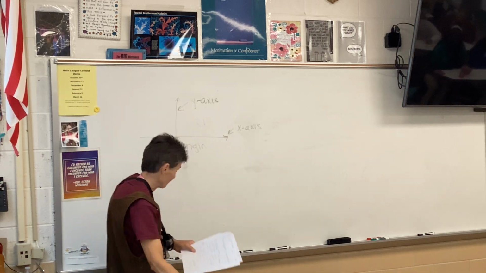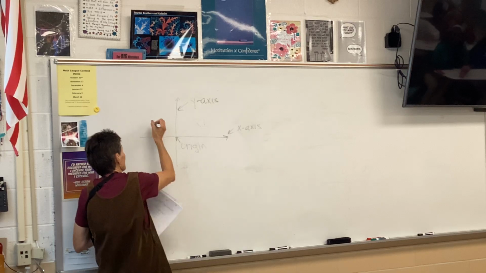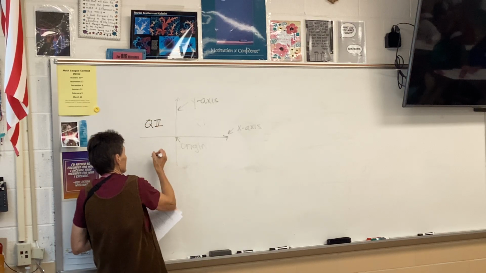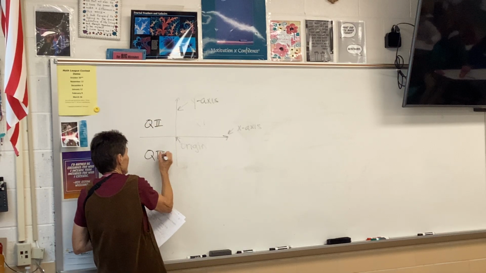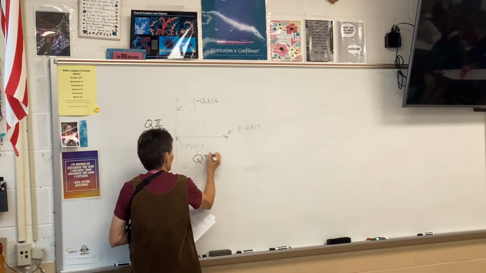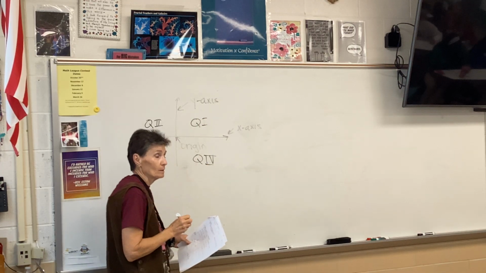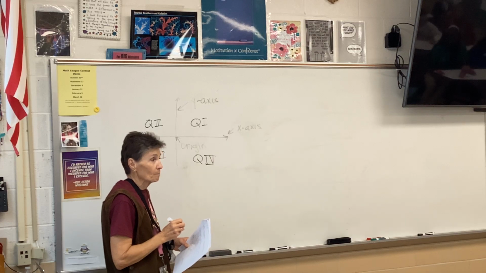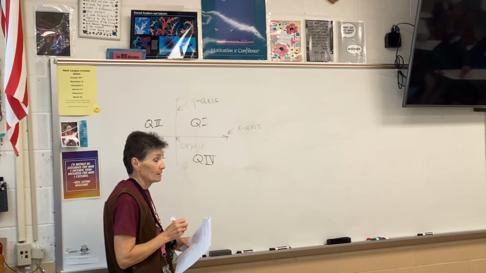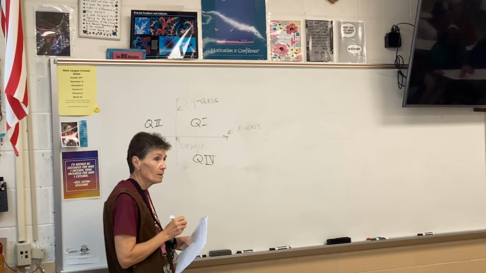This is quadrant 2, quadrant 3, quadrant 4. We generally use Roman numerals when we name the quadrants. That isn't like absolute law, but it's how it's done.